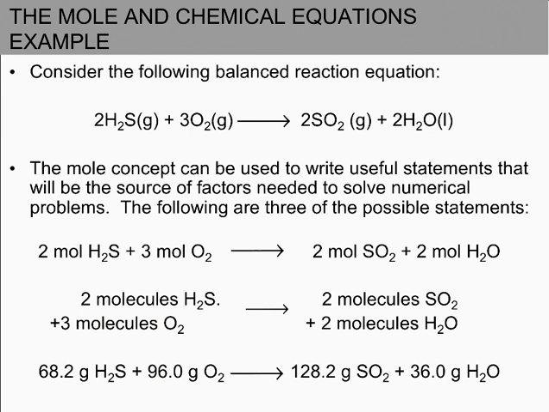So this equation has already been balanced for us, and the reason balancing equations is so important is, again, we want to make sure we're following the law of conservation of mass. So we want to have the same number of atoms on both sides of the arrow. But additionally, this can tell us the ratio of reactants to products.